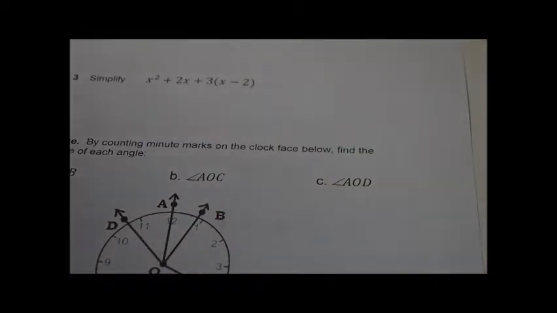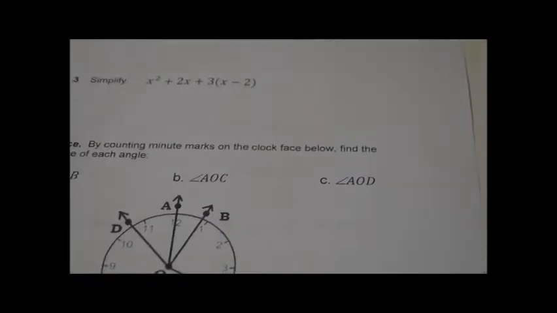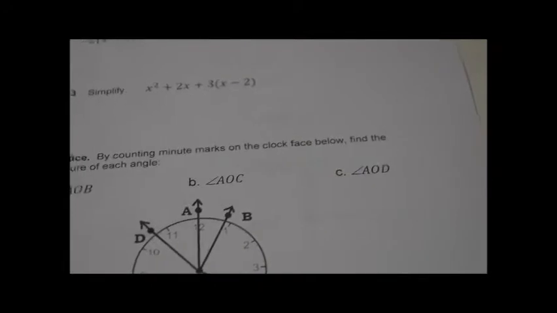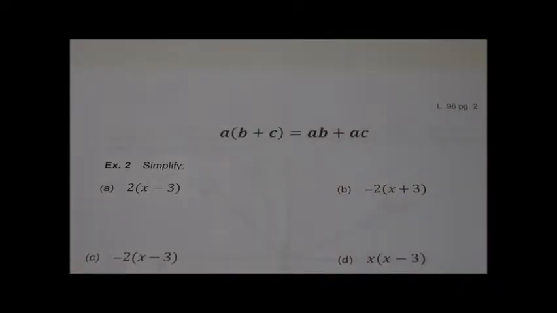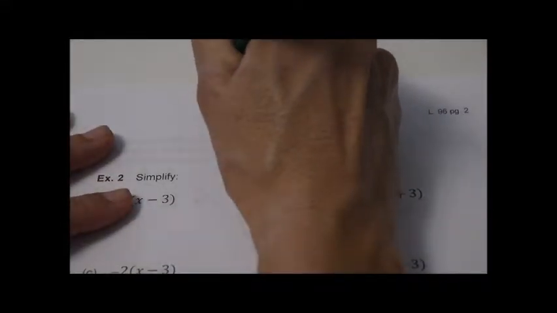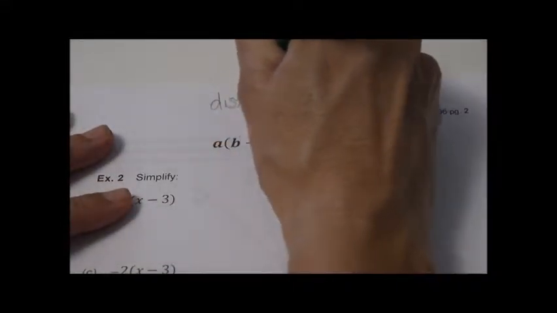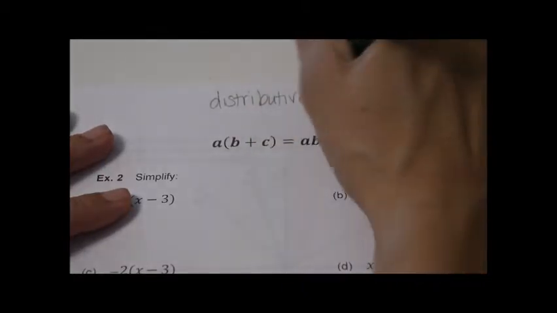Okay. So now we've got a new concept. So set your protractor aside, and this concept is called, I want you to write it out because you're going to use this so much, the distributive property.